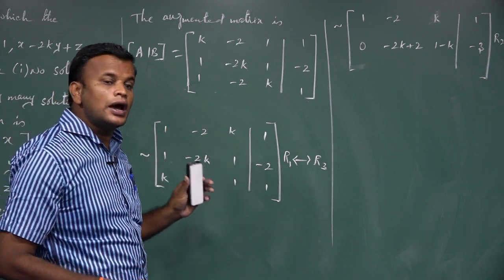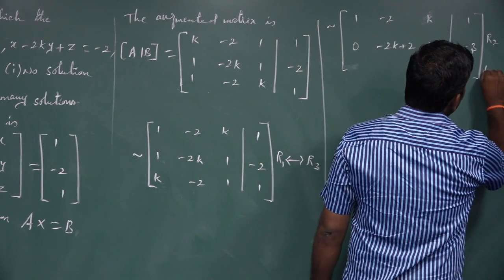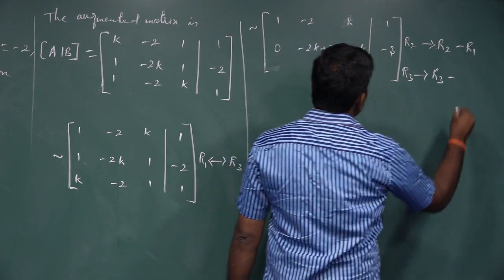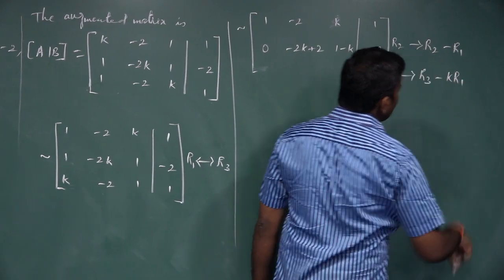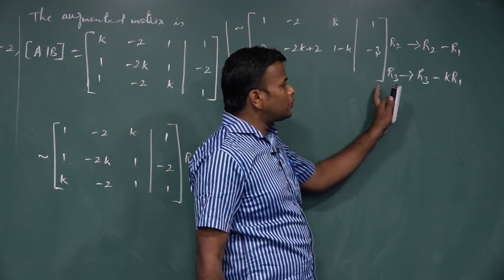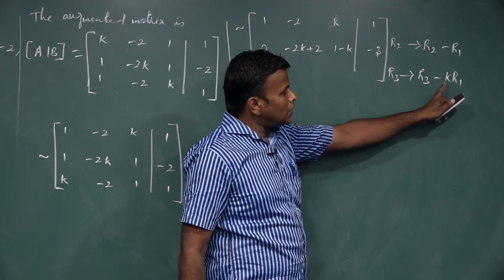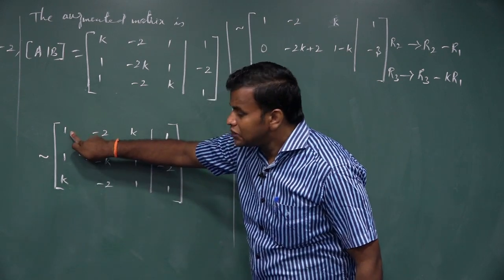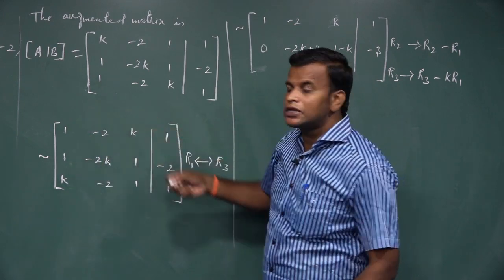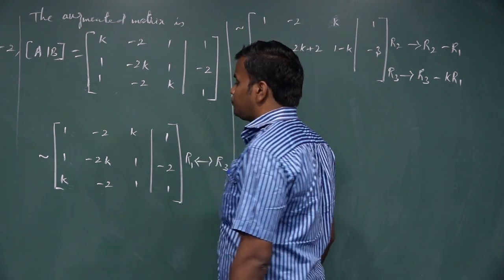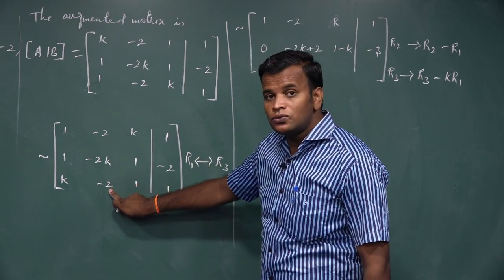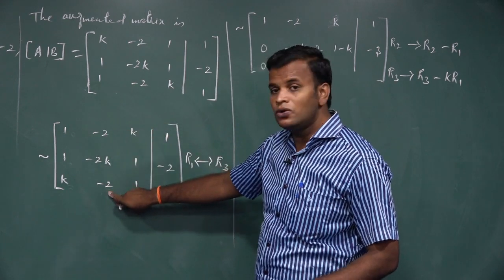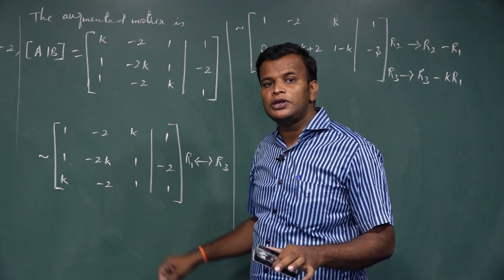We write the third row as the third row minus k into the first row. Now you see the first element: k minus k into 1 is minus k. k minus k is 0. Next, minus 2 minus k into minus 2. Minus minus is plus, k into 2 is 2k.